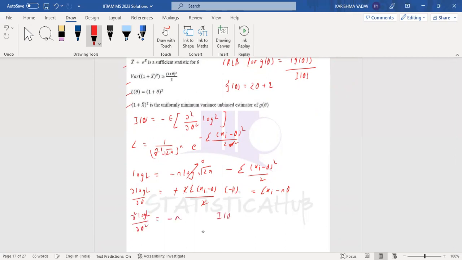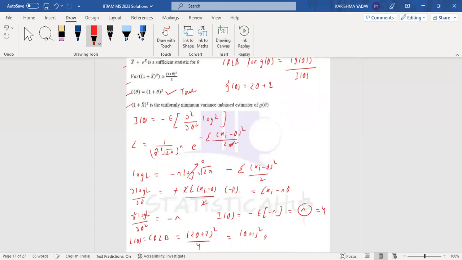So I(theta) equals minus expectation of minus n, which equals n. So the Cramer-Rao lower bound for g(theta) is (2 theta plus 2) whole square divided by n, and n is equal to 4. So I get my Cramer-Rao lower bound L(theta) equal to (theta plus 1) whole square. I can clearly see that this is my third option, so this is true.